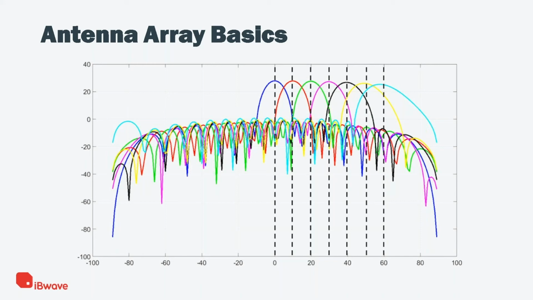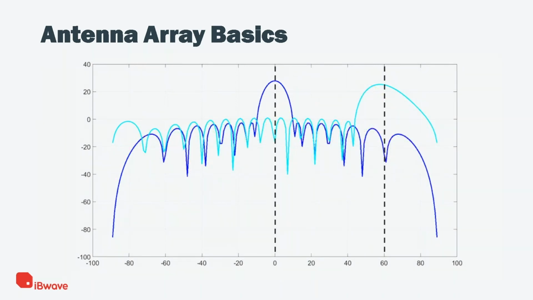If we look at the 0 steering angle, it is an almost symmetrical radiation pattern. Because of the physics of this radiation pattern, the pattern at 60 will be much wider than the pattern at 0 degrees.